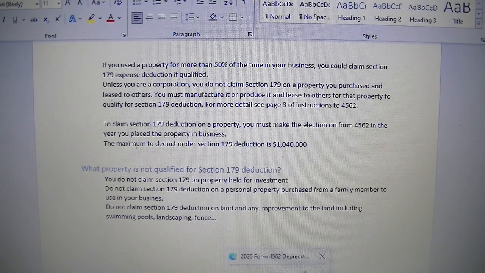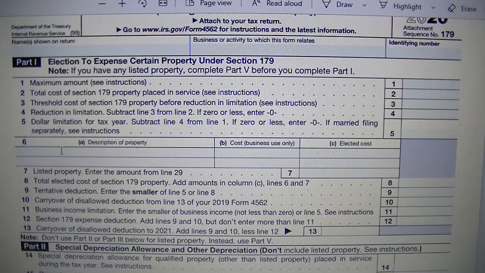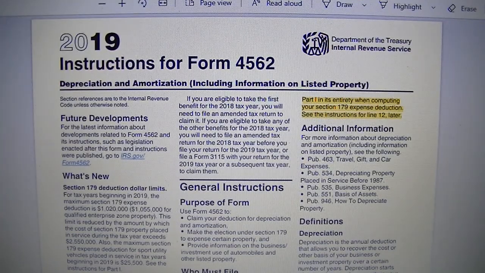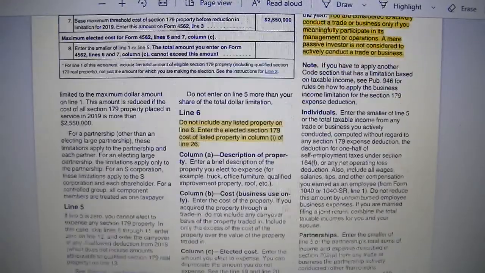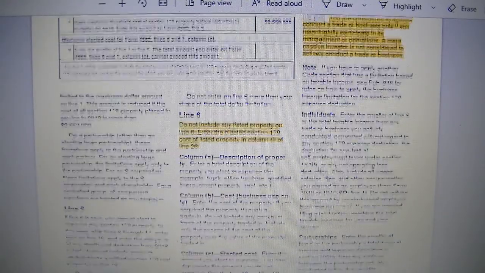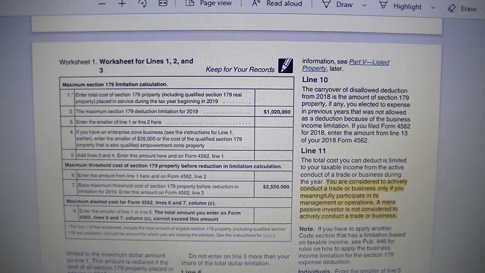There is a worksheet in the instructions that you could use to calculate the amount to deduct, and that will help you fill out part 1 of Form 4562.